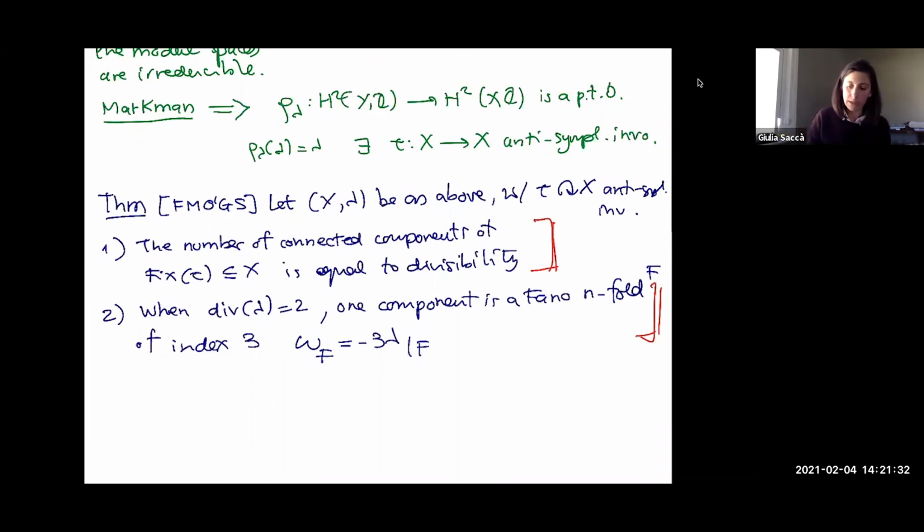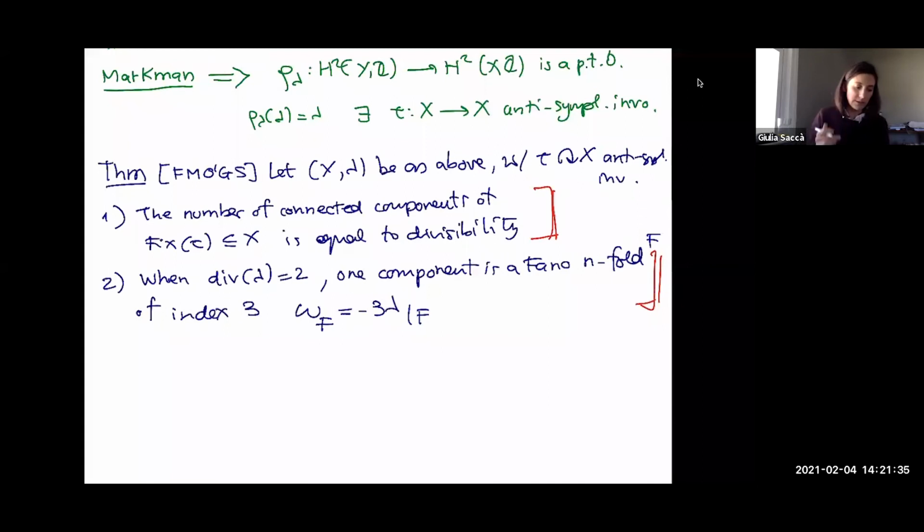The other direction is this story of hyperkählers and Fanos, and so the questions are: is F, the Fano, always of K3 type?